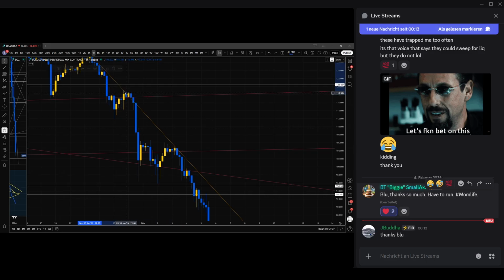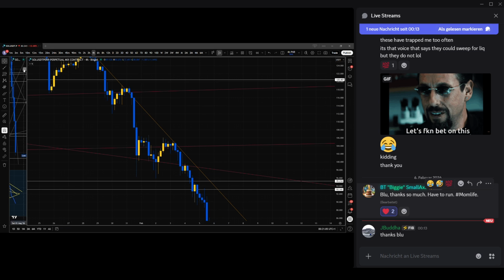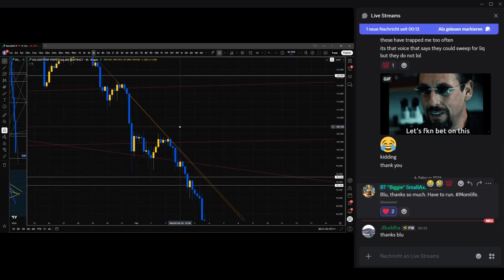Oops, it's on the wrong candle anchored. And then you go down here and cycle through the downtrend. Dip, dip, dip, dip. This one here is a bit of an annoying one, disclosure, but it is what it is.